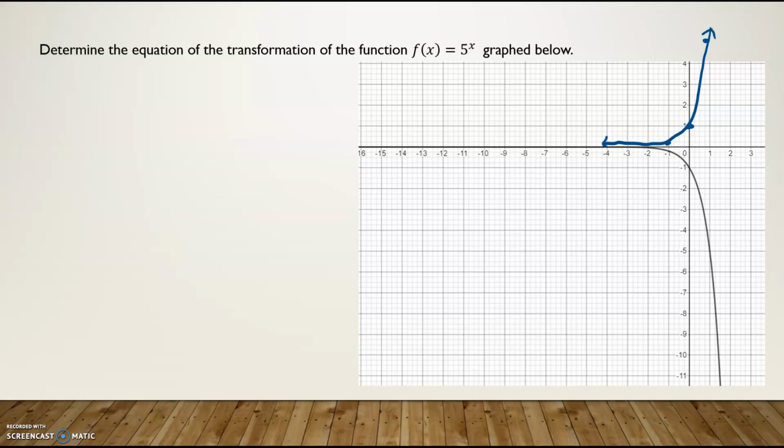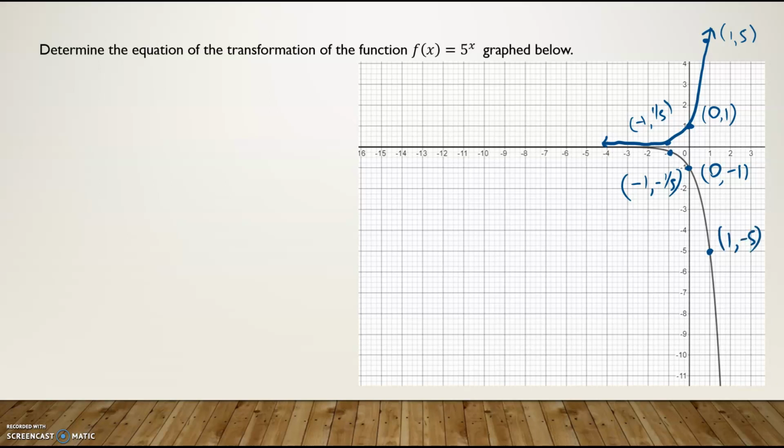Now notice here, let me label the points again: negative 1, 1/5, this one is 1, 5, and this is 0, 1. Here we have negative 1, negative 1/5. Here we have 0, negative 1, and at 1 we have negative 5.